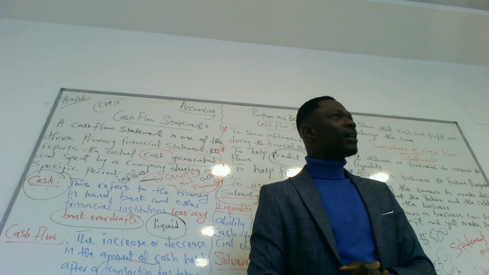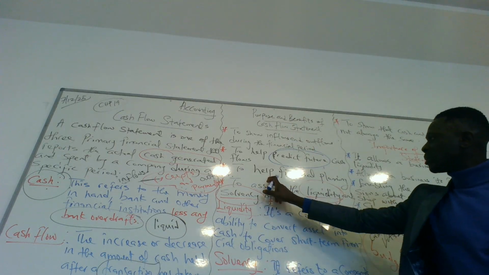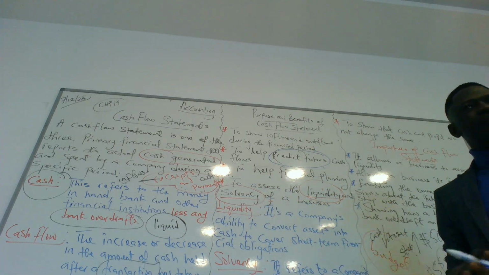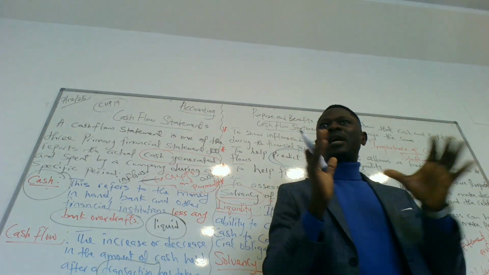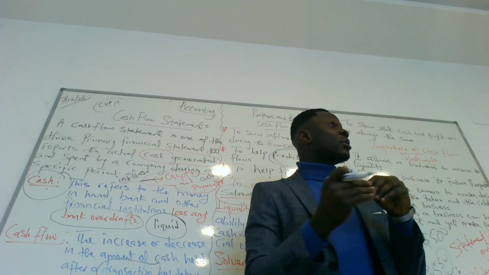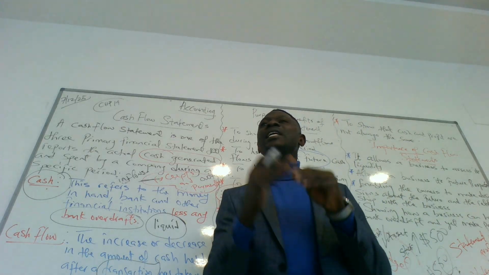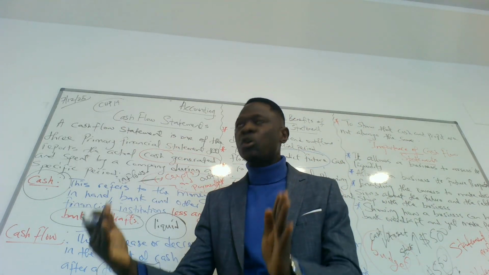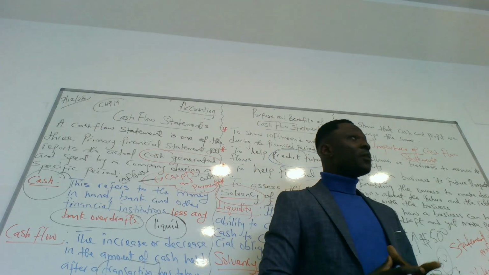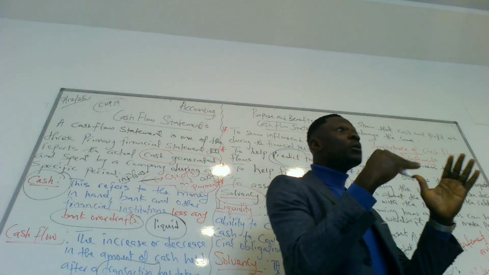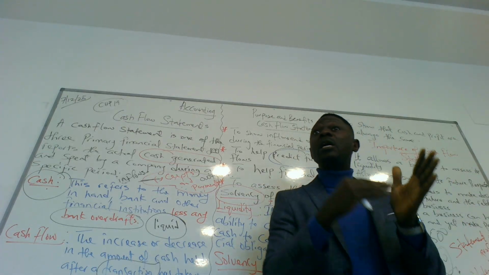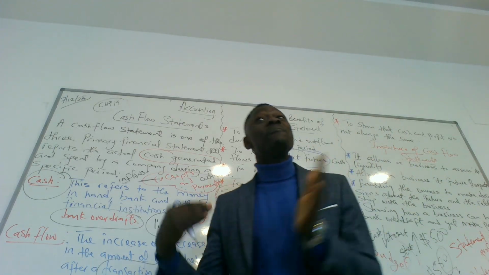Yes. Great. The third one, to help financial planning. One of the problems businesses do have is cash shortage. And most of the time they have this cash shortage because they do not have a structured plan. If you fail to plan, you are planning to fail. So if you do not plan on how to spend your money, you will be out of money.